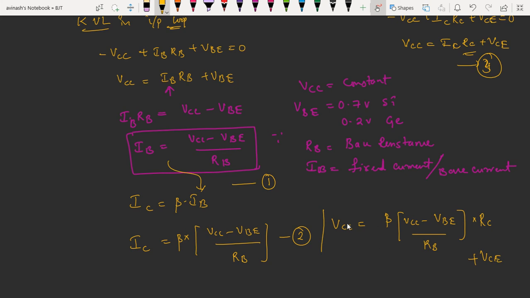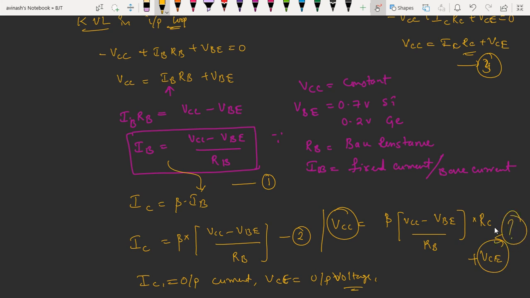IC is nothing but the output current, and VCE is the output voltage. From this we can find the value of VCE, the output voltage.